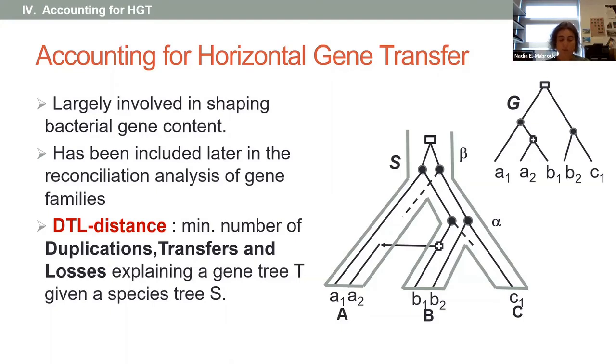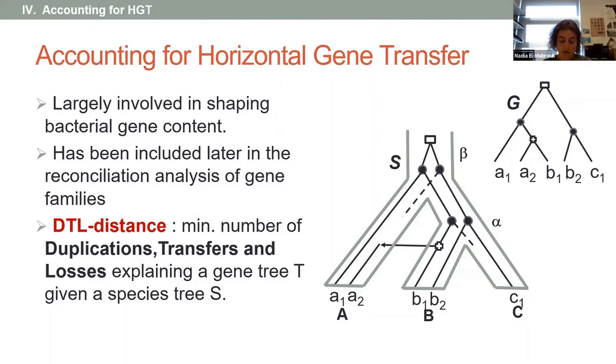Horizontal gene transfers are largely involved in shaping bacterial gene contents. Horizontal gene transfer has been included later in the reconciliation analysis of gene families for the purpose of inferring scenarios of duplication, losses, and transfers, and identifying xenologous gene copies in addition to orthologs and paralogs.